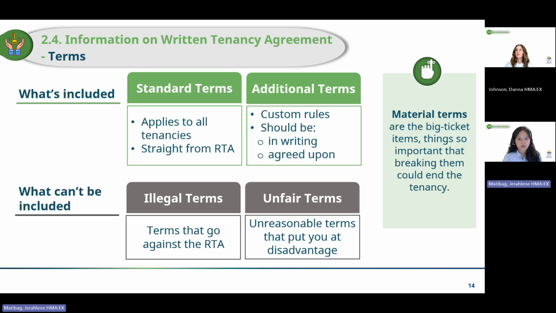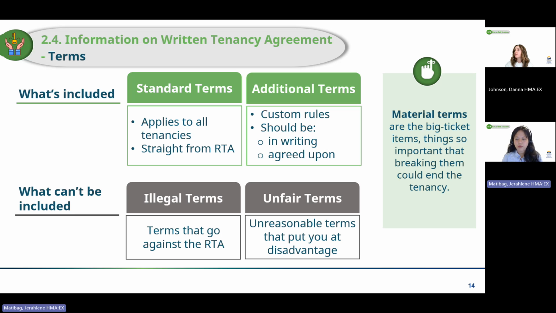So it's important to know that not everything in a written agreement is enforceable. Some terms are illegal. These are the rules that go against the Residential Tenancy Act. For example, a damage deposit that's higher than allowed, or a rent increase above the legal limit. And other terms may be unfair.